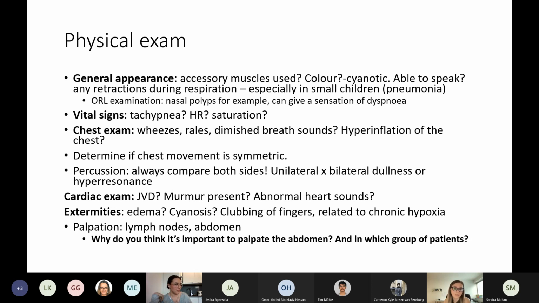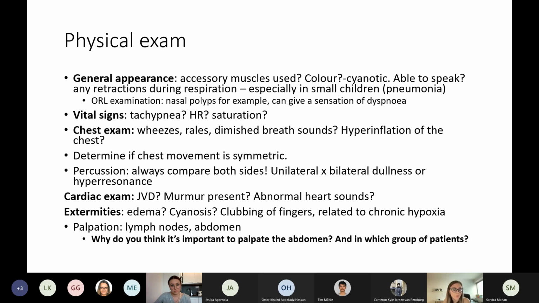Then think about the cardiac examination. Is there any jugular venous distension present? Is there a murmur present on auscultation? Are there any abnormal heart sounds? With the extremities, we would focus on, for example, peripheral edema. We could focus on orbital edema with, for example, asthma.